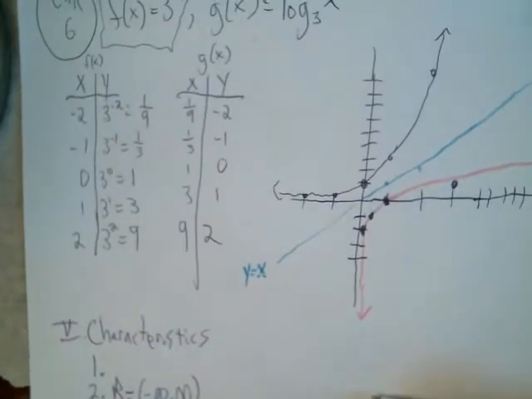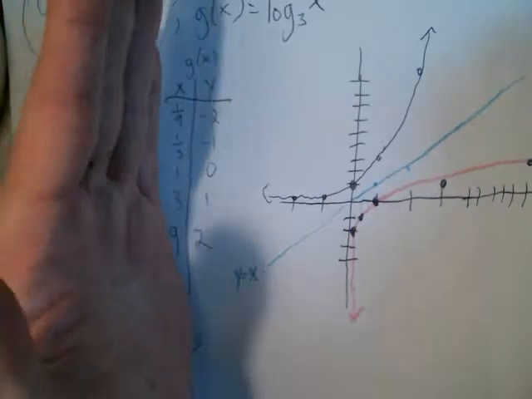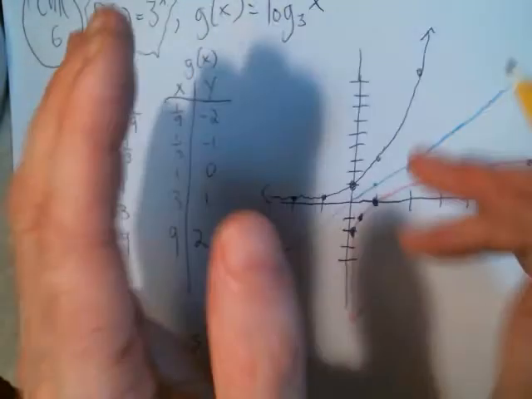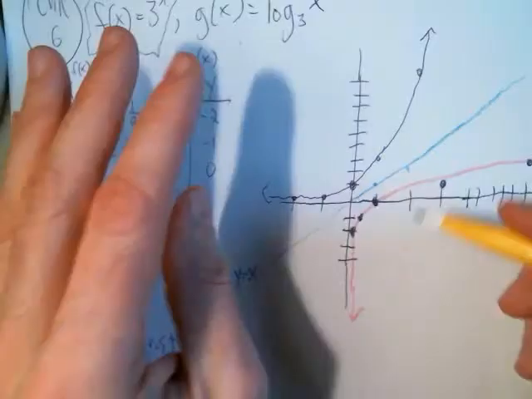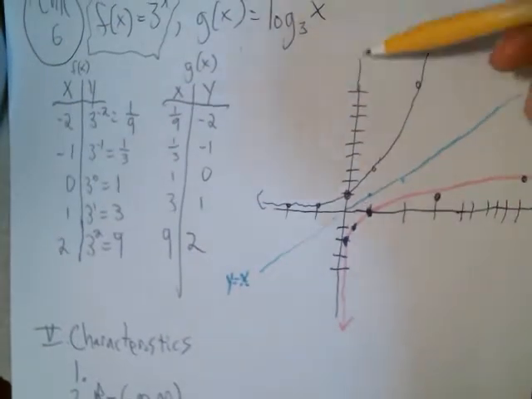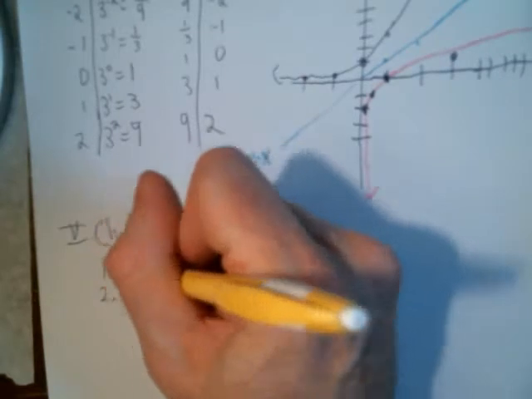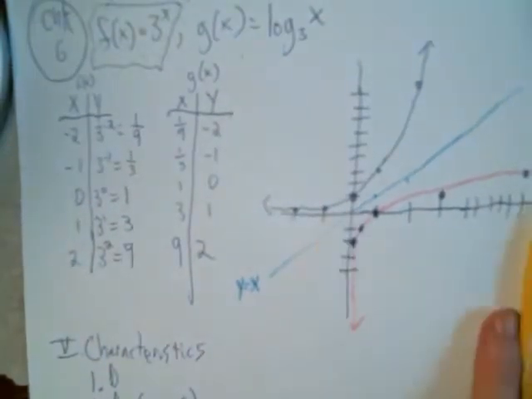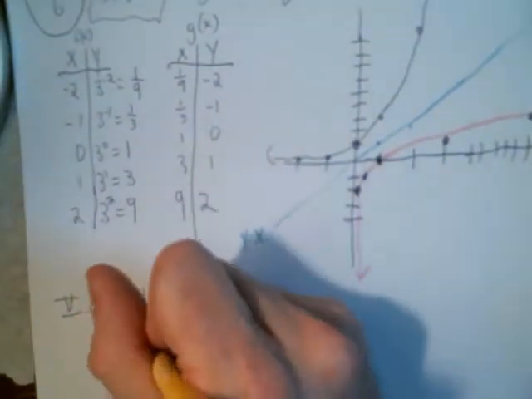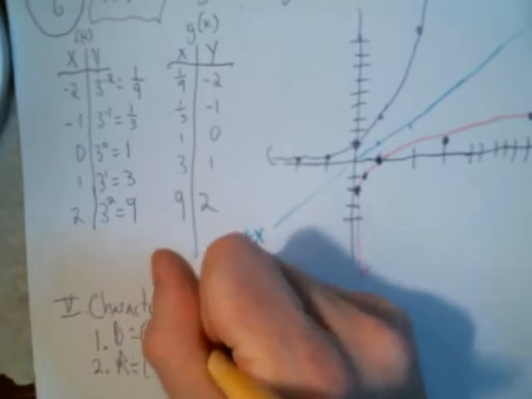And we can see that on this graph. If we were to smush the pink graph onto the y-axis, it would go from -∞ to infinity. The domain then is going to go from 0 to infinity, which is the range of the exponential.